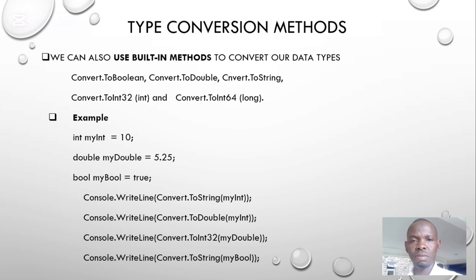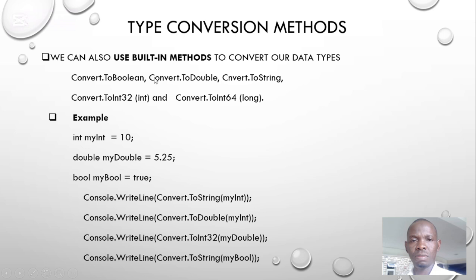We also have other conversion methods. These are built-in methods that are used to convert our data types. For example, Convert is a class, and ToBoolean is a method.